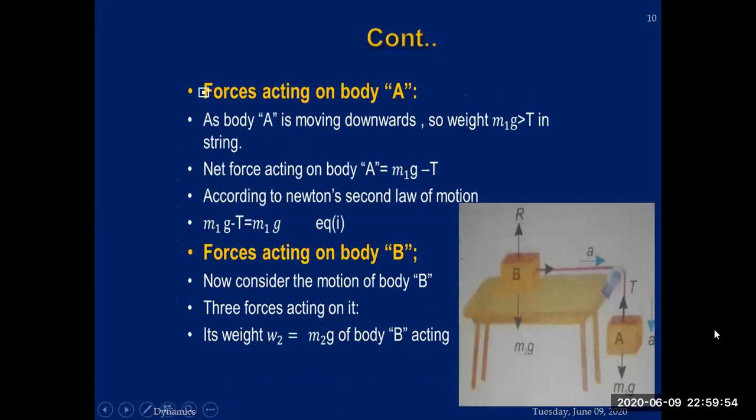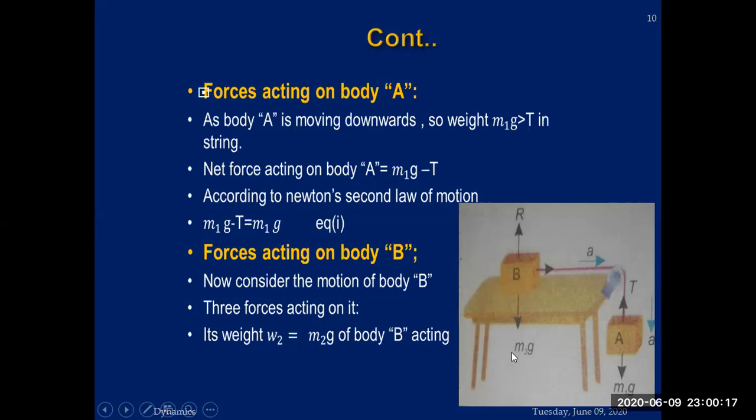Let's first of all understand from the figure. This one is body A, the body which is hanging vertically. It is larger than the body B. So the tension is acting upward towards the pulley, weight is acting in downward direction. Here is another mass which rests on a horizontal table.